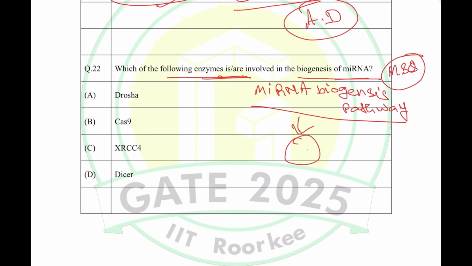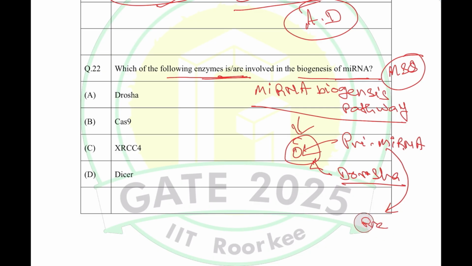So the pre-mRNA in the nucleus is there, and there is the Drosha. Drosha processes this pre-mRNA.